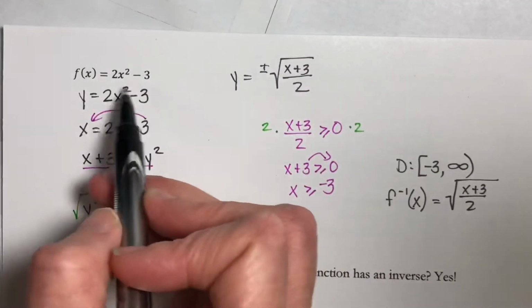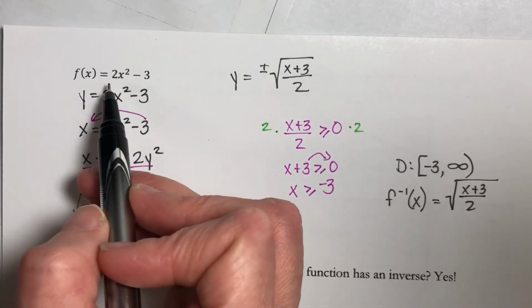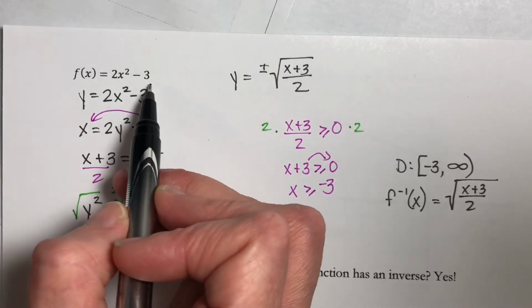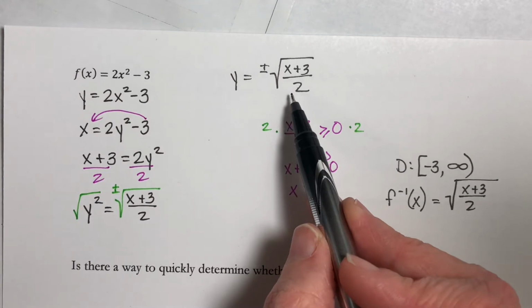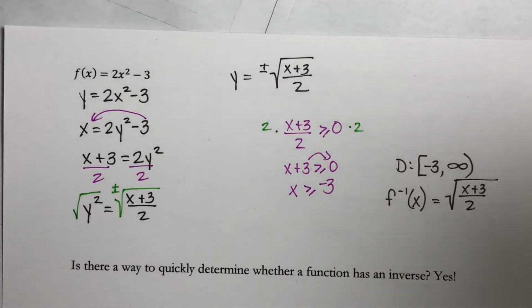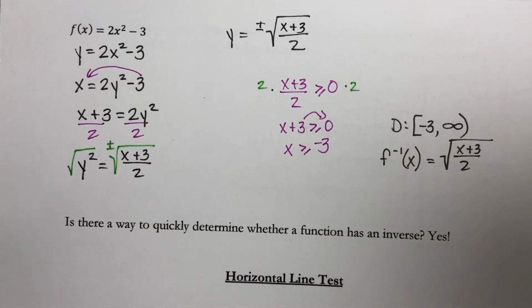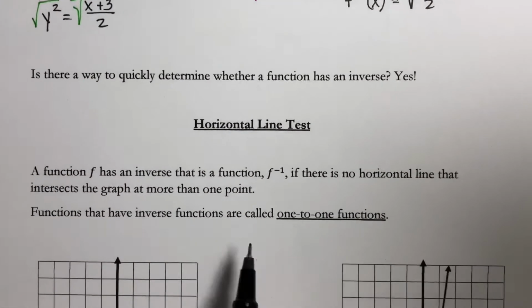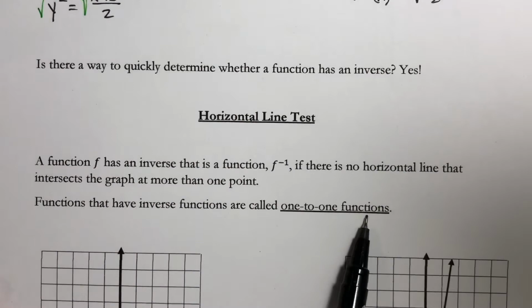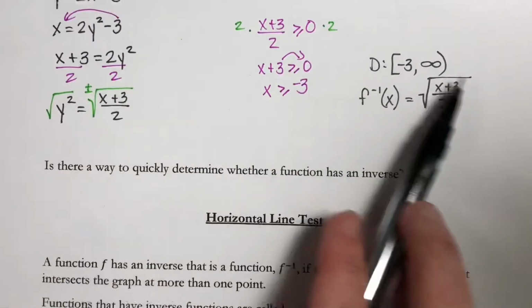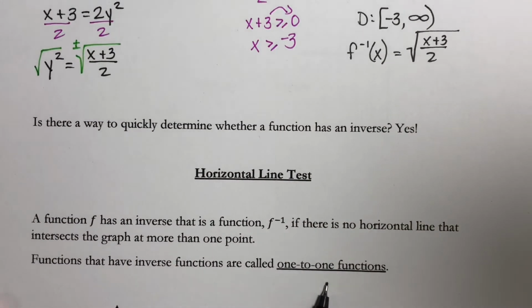Now, this is a function. It's just not a one-to-one function because this, without restrictions, did not have an inverse that was a function. But the other problems we did not have to worry about restricting the domain. So our original functions on the others were one-to-one, okay? This one we had to restrict the domain so that we ended up with something that's one-to-one.